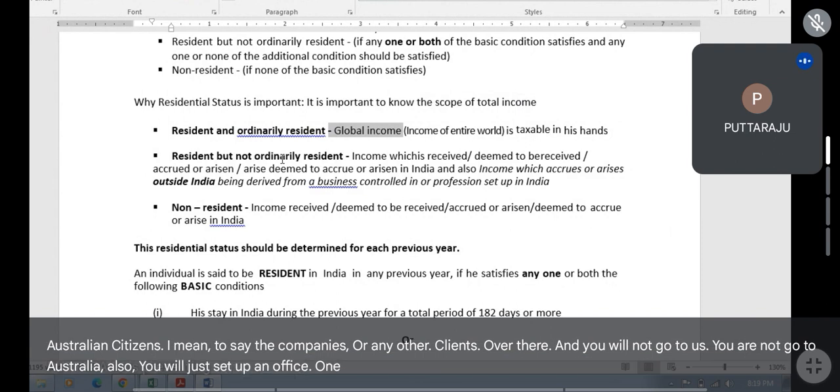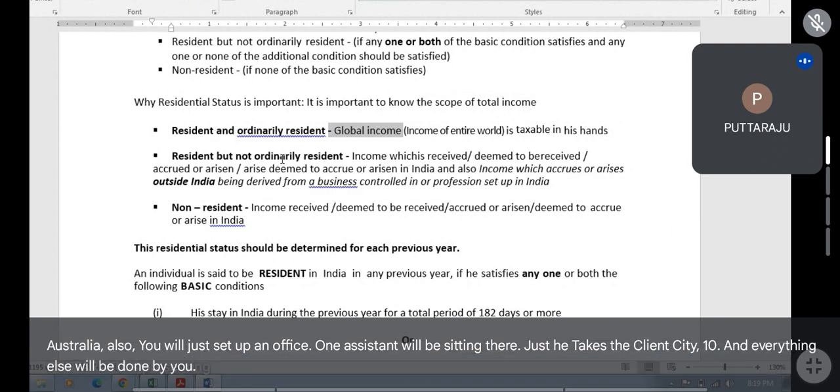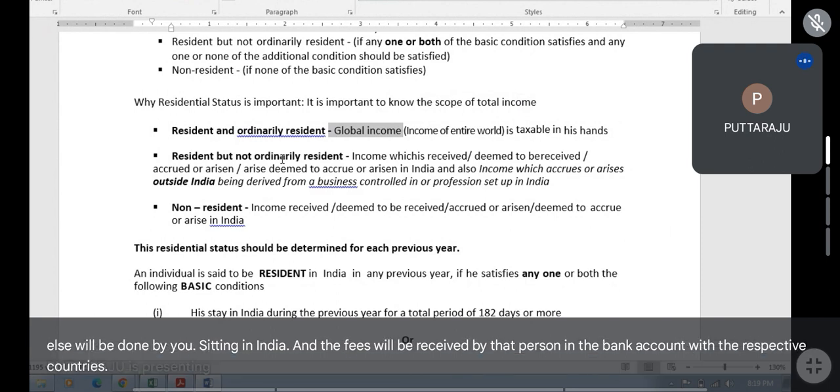One assistant will be sitting there, who takes the client's details, and everything else will be done by you sitting in India. The fees will be received in the bank account in the respective countries.